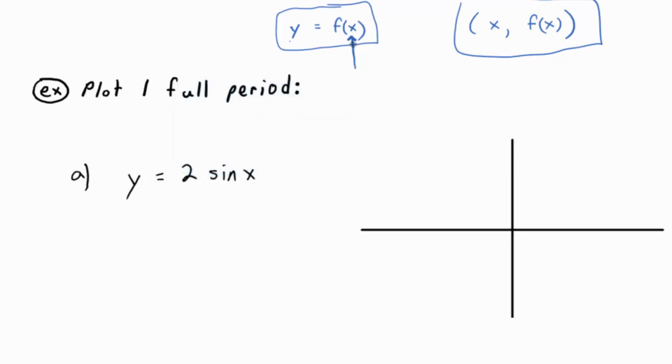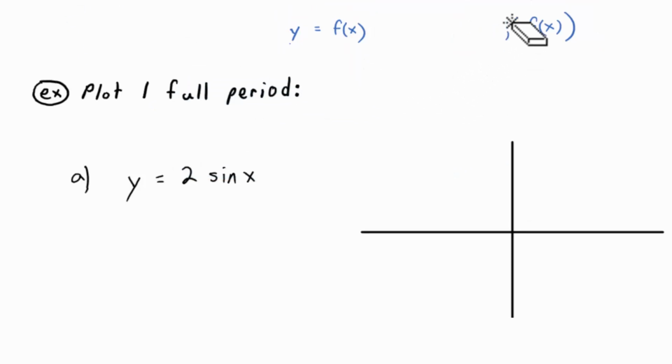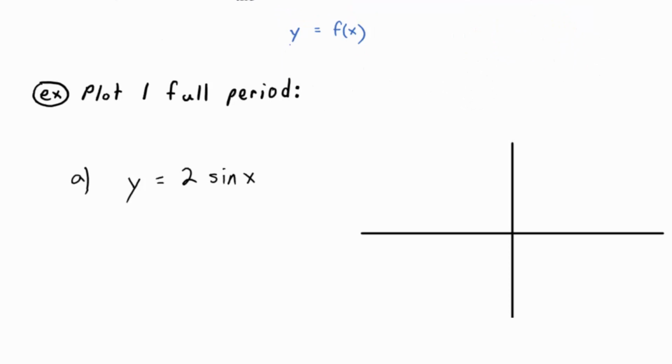Anyway, does anybody remember, if you've taken, say, college algebra, what happens if I take the original formula for f of x and I change it so that the output is 2 times f of x? How does that affect the original graph of y equals f of x?